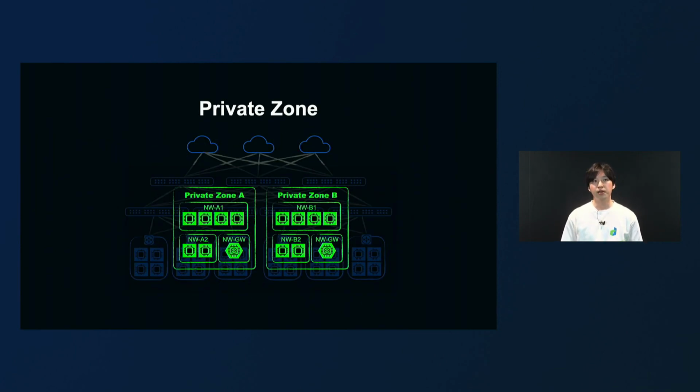Another future plan is private zone. In LINE DEVELOPER DAY 2019, we introduced an SDN mechanism to enable network isolation with SRv6. We are working on moving this to the next step and officially releasing a VPC-like mechanism in our private cloud, Verda.